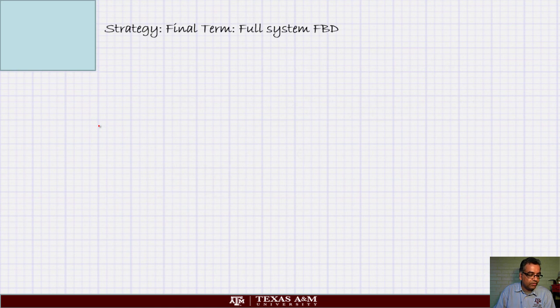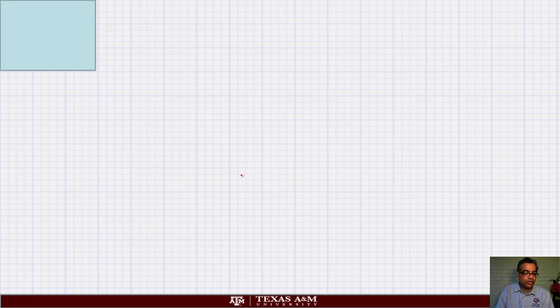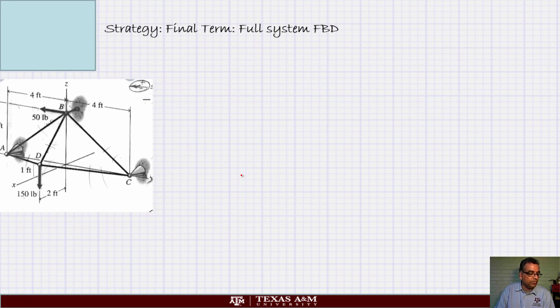There's the last joint. Oops, sorry. There's the last joint. This is the joint C, and I'm going to sum all the forces in the y direction because I didn't know this. I can compute this from the C joint. All of these things are known already, and so it's a pretty easy thing to do. And then full system free body diagram. You go back.